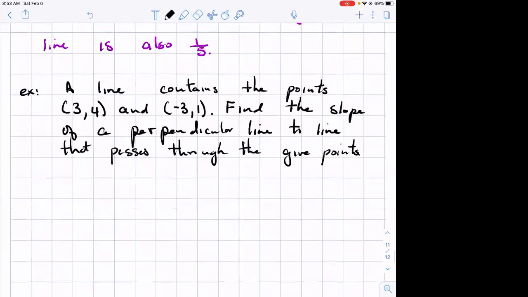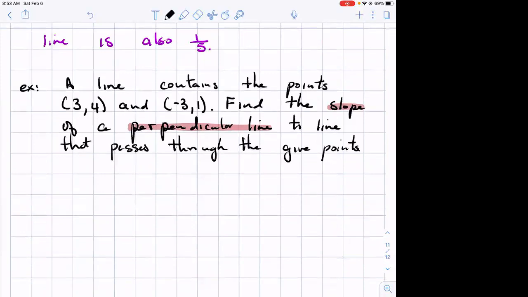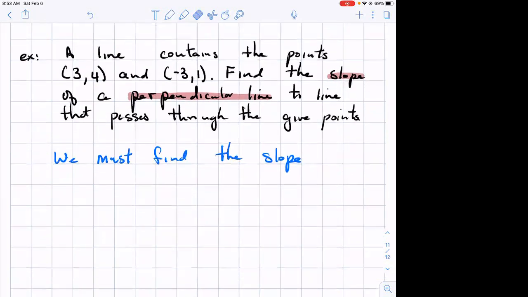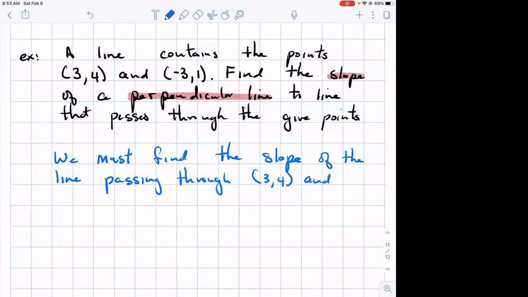So now you want to find the slope of the perpendicular line. Before you do that, we must first find the slope of the line passing through (3, 4) and (-3, 1).